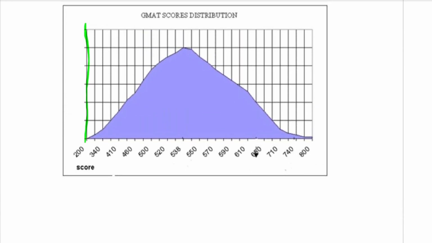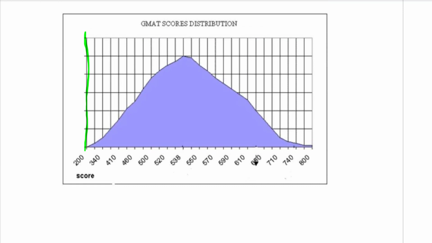So the vertical axis here represents how many students or test takers scored in a given range. For instance, if I look at 460 and look up here, the labeling is missing, so we don't know what those numbers are, but it gives me an idea of how many people are in that category. Even though we cannot see an actual number, we can see that the number of people who scored in that category is lower than the number who scored, let's say, 500.